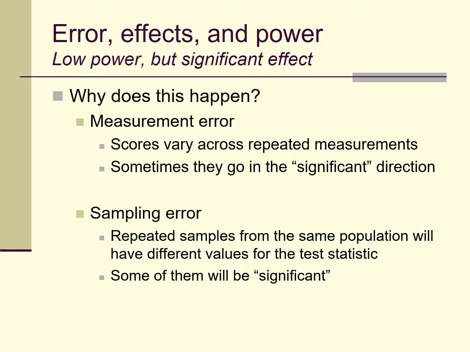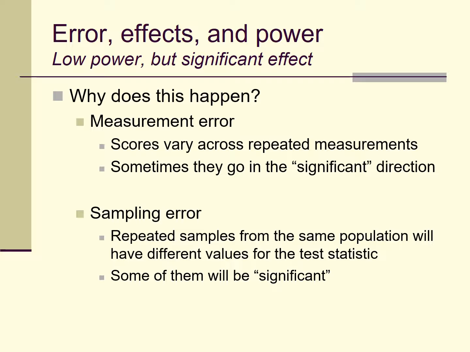Another thing that can contribute to false positives, or the incidence of false positives, is sampling error. If we repeatedly sample from the same population, each time computing a test statistic, like a t or an F or a chi-square or whatever, there's always a chance that sometimes those statistics will go in the positive direction, or in the direction that seems significant, just by chance. I don't have a good image for it in this supplemental lecture, but I think I do in a previous one that I put up.